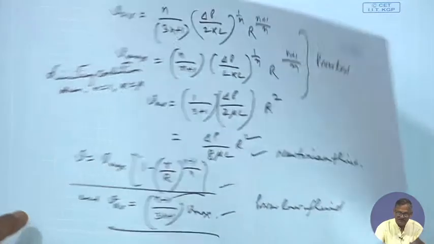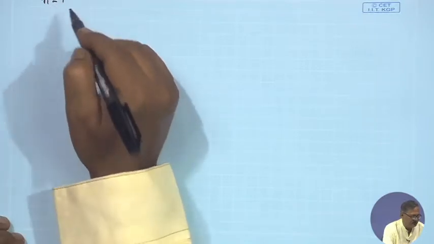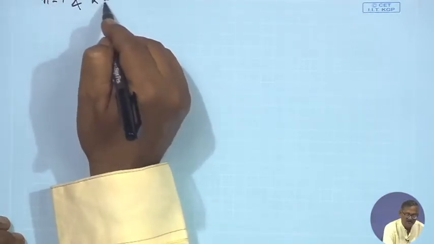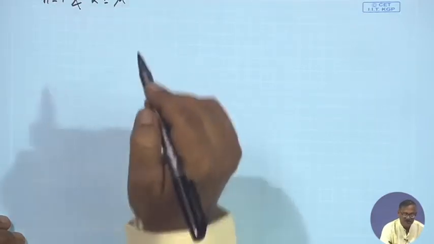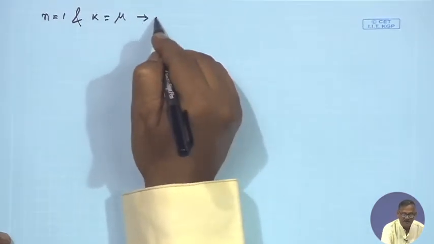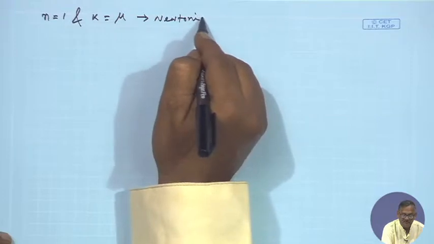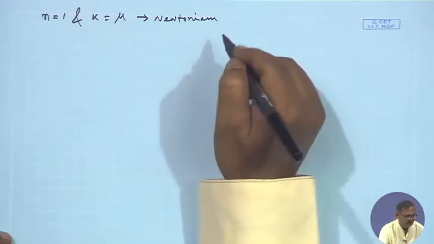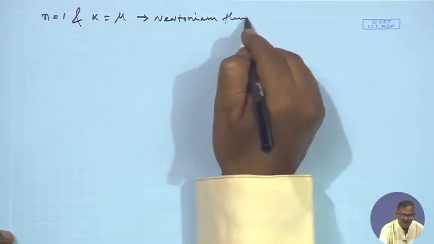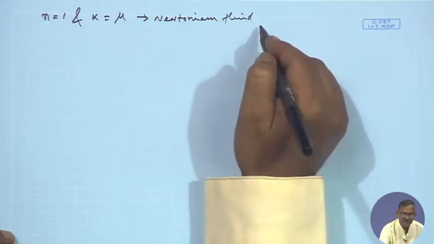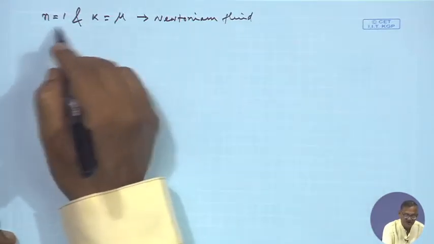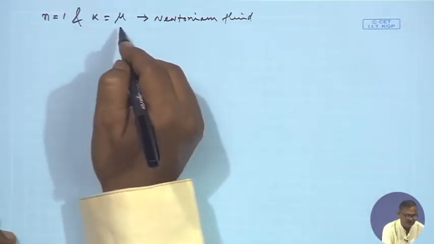Now, as we said, under limiting condition, here also we put n equals 1 and k equals mu, that is the Newtonian fluid. It becomes Newtonian fluid from non-Newtonian, n equals 1 and k equals mu.